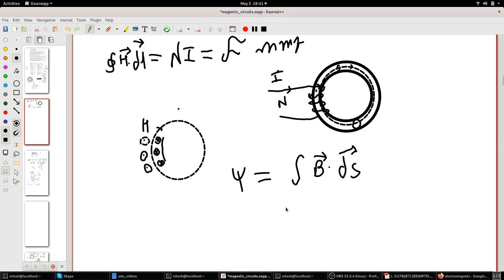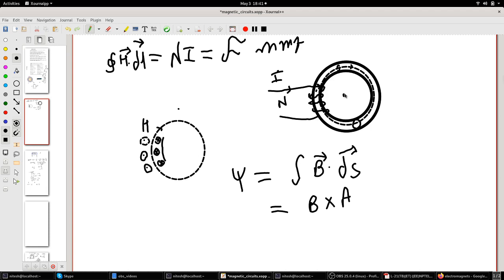So now this B, I can write this as B into area, the magnitude into area. Okay, so for this now, my area, let's say this is your rho.